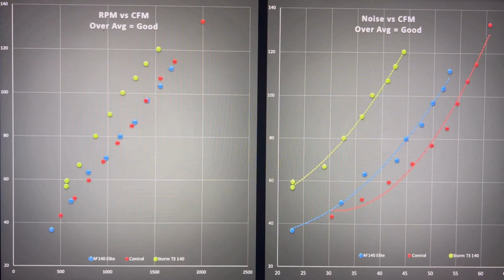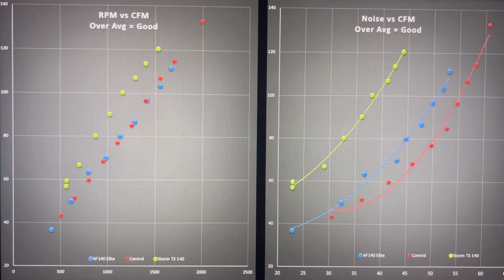Looking at the data from another point of view, this is raw CFM, cubic feet per minute, run through a tube, so you won't see as much variation in performance data because it basically focuses the airflow for you. That's why I think it's important to take a look at a case simulation, take a look at it in a pressure situation, and then take a look at CFM to see how it coordinates to the brand's actual rating of the fan. So we have RPM versus CFM, and noise versus CFM.